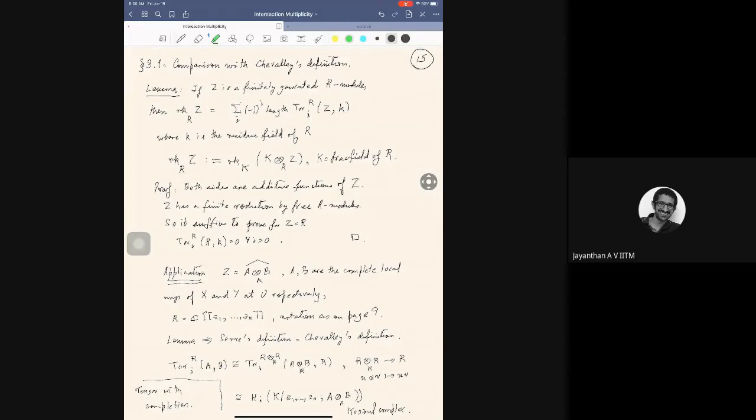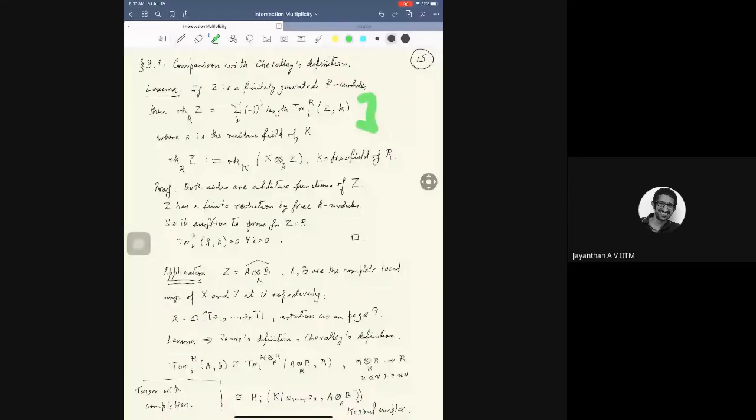Simply because under short exact sequences, 0 to Z' to Z to Z'' to 0, the rank adds up, vector space dimension adds up, and these things on the right-hand side add up too, because a short exact sequence of chain complexes gives rise to a long exact sequence of homology, and there are only finitely many terms. Great. So they're both the same.